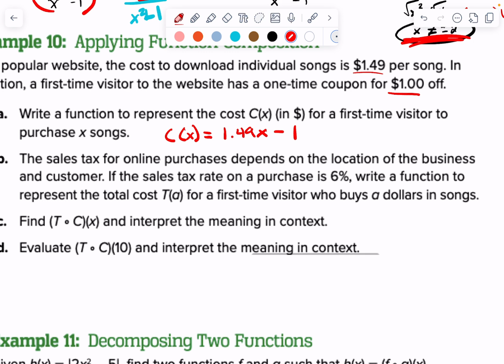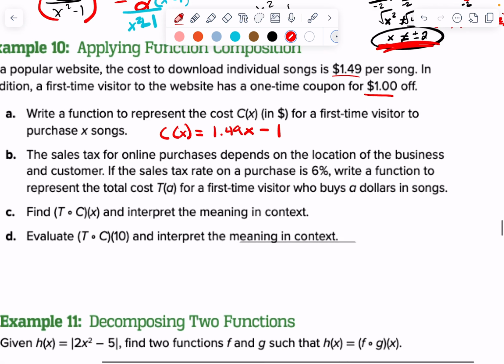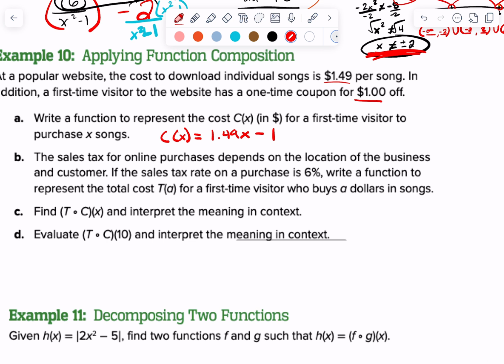Okay, the sales tax now for online purchases depends on the location of the business and customer. If the sales tax rate on a purchase is 6%, write a function to represent the total cost for a first-time visitor who buys $8 in songs.